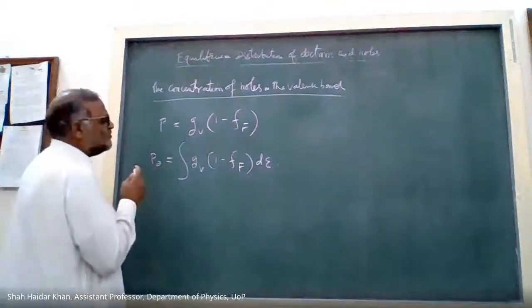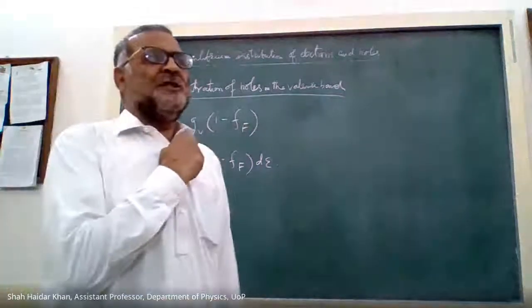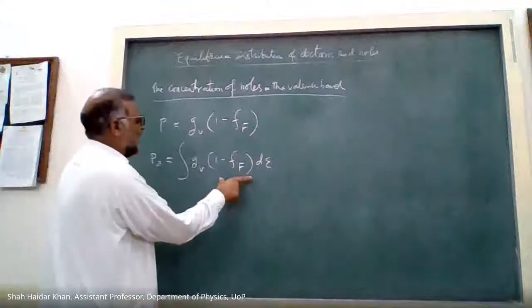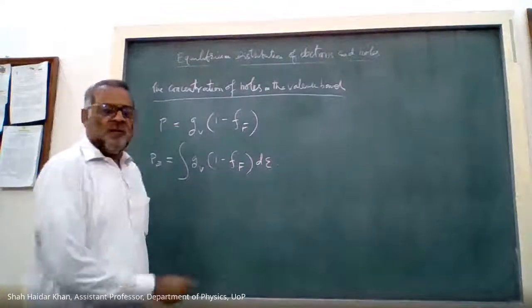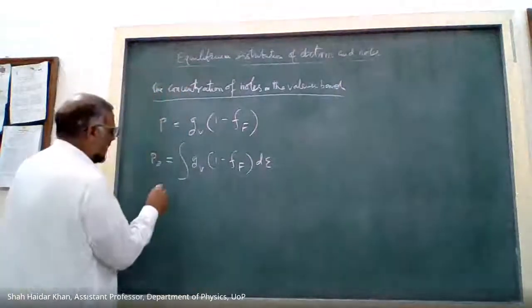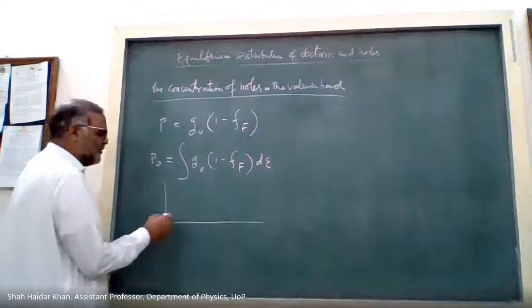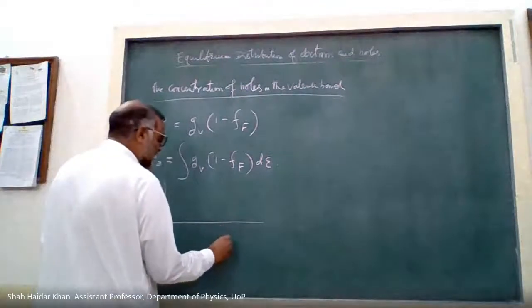Now look, I have to put this thing. I know this value, but why is this? You remember the probability of occupation function.